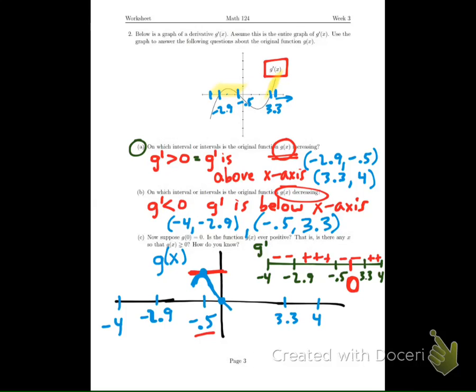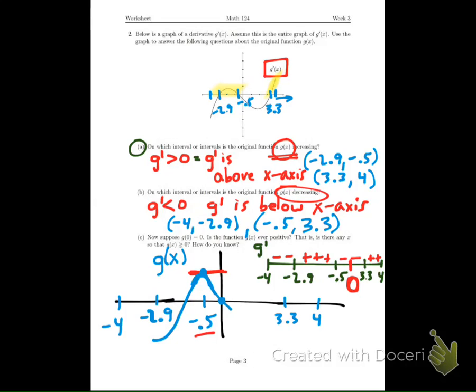It could come down like this, it could go over here, as long as g is increasing from negative 2.9 to negative 0.5. So let me back up. I don't really care where I go. I don't even care if I go below the x-axis right there, but I don't want to get too busy here. But yeah, let's just go down here.